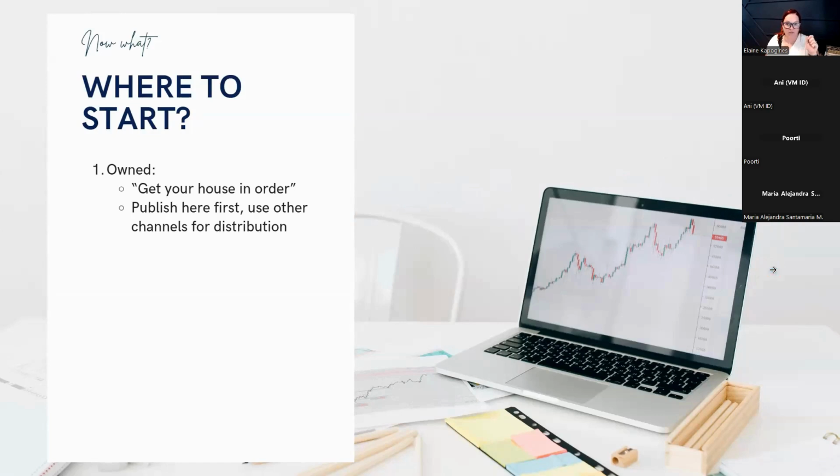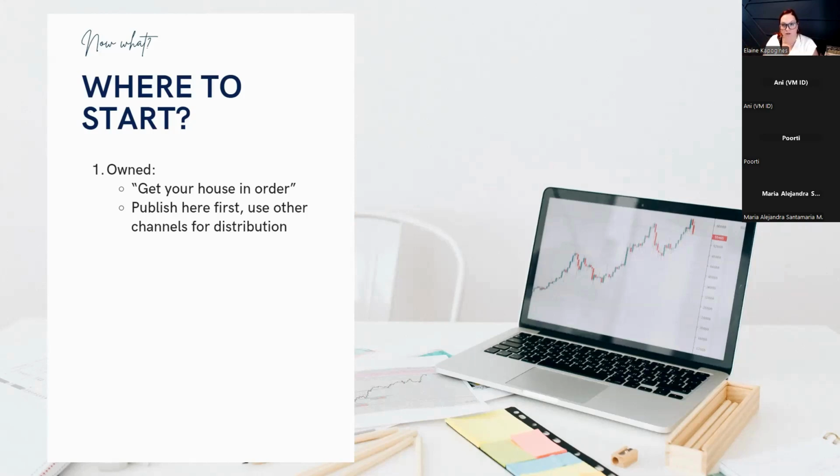Right. So if you don't have a website, that is probably the first thing that you want to do. If you have a website, but it hasn't been updated in a while, probably pretty high up on your priority list. If you have a website, but you don't have a content strategy for it, then that's probably where you want to start. Even today, like I said in my email, I'm going to give you some actionable tips that you can implement even today.